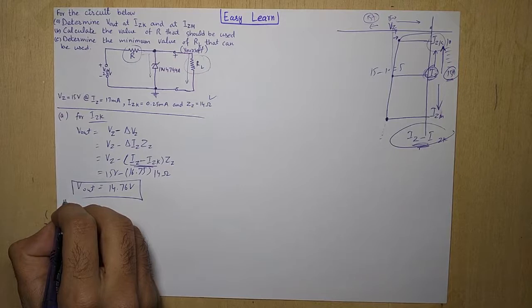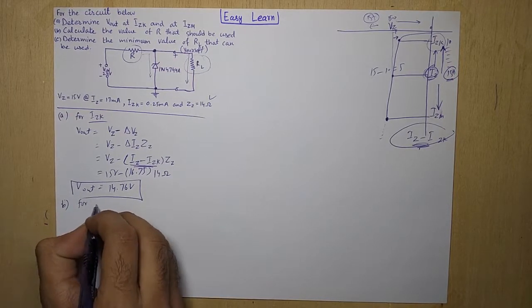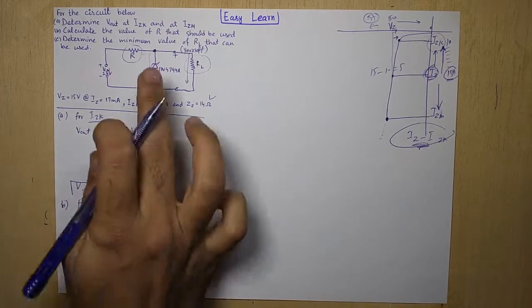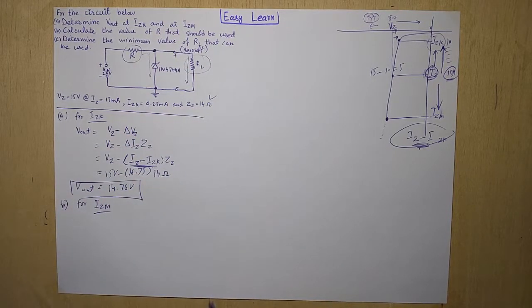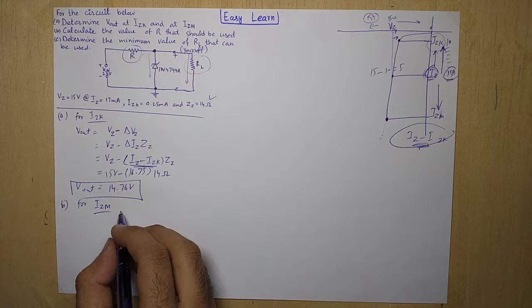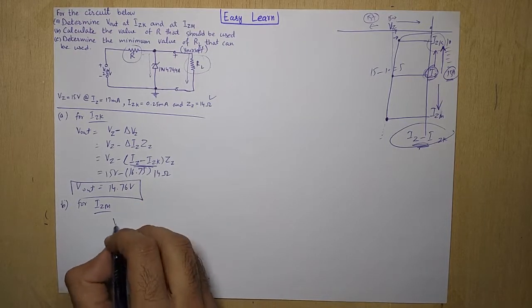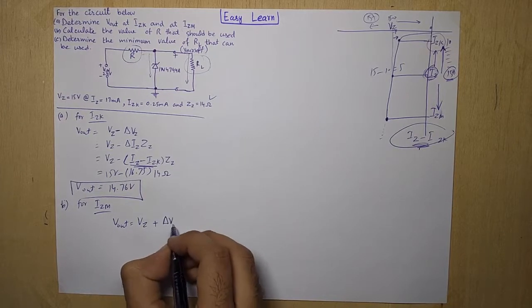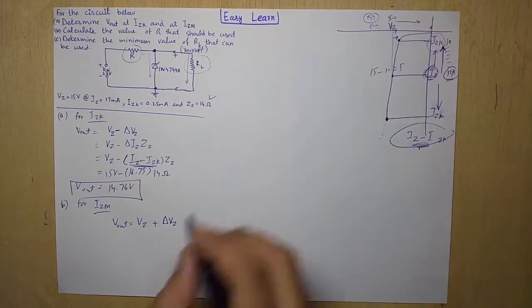Okay, for the second case, when there is no load connected, then the maximum current flows through this, and this situation is called IZ maximum. In this case the situation is the same, but V output is equal to VZ plus delta VZ. Something is added, as I already explained.